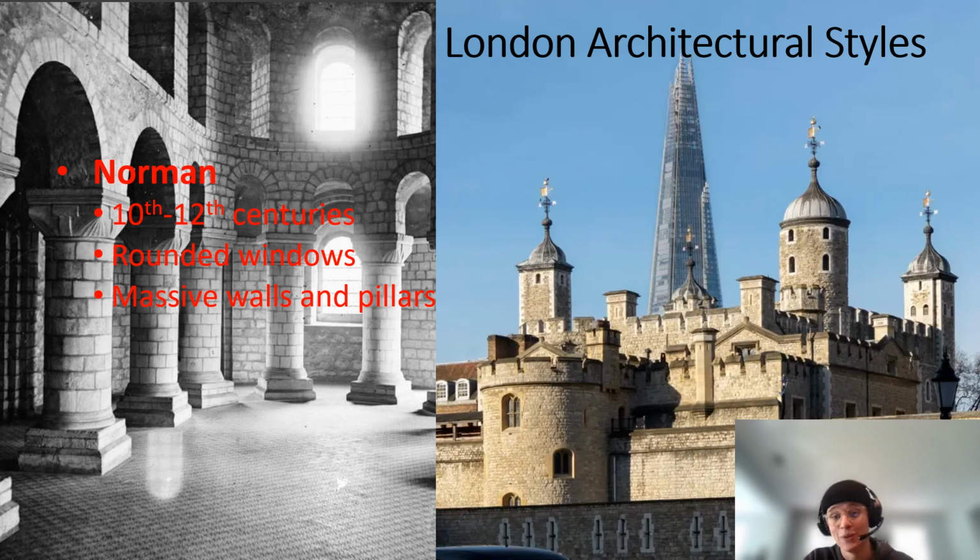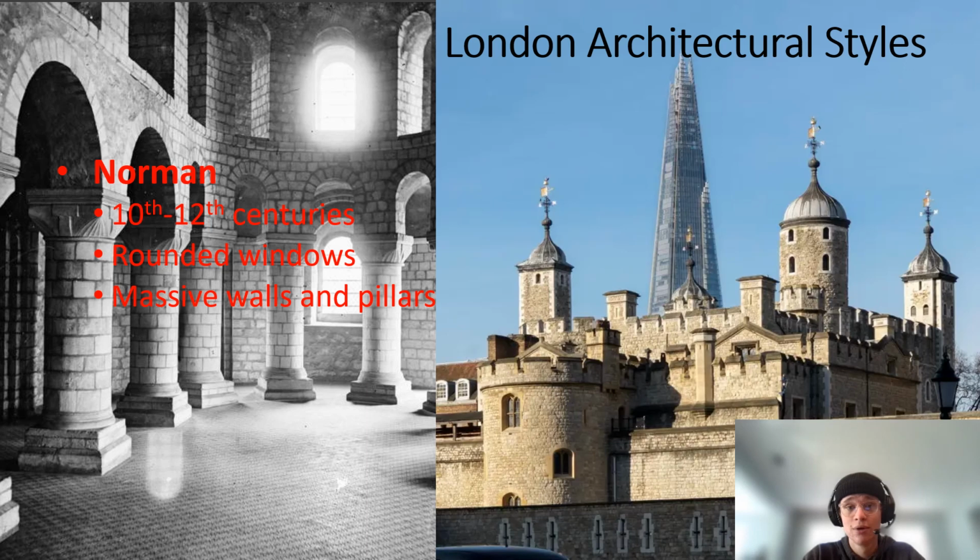And you can see on the interior, on your left, on the second floor of the White Tower, St. John's Chapel. And here we see these massive pillars supporting these massive walls, and these rounded arched windows, letting just a little bit of light in. But these massive pillars holding this great weight. And this is a telltale sign of Romanesque, or in England, Norman architecture.